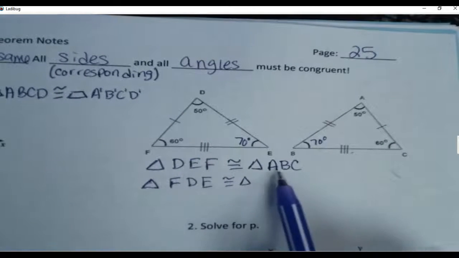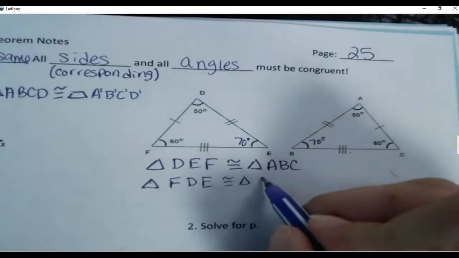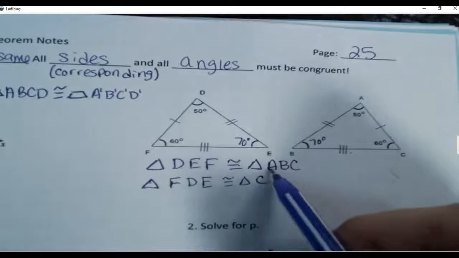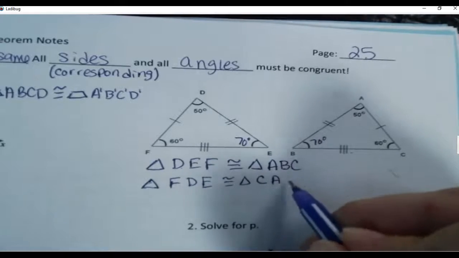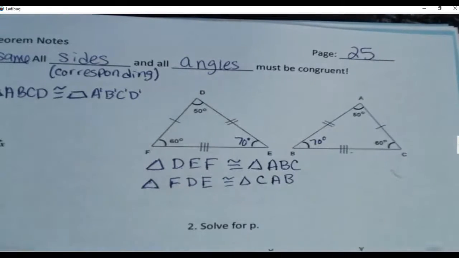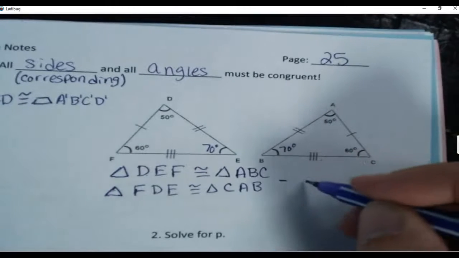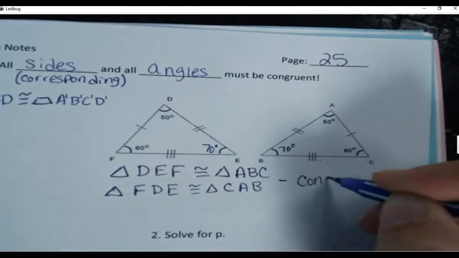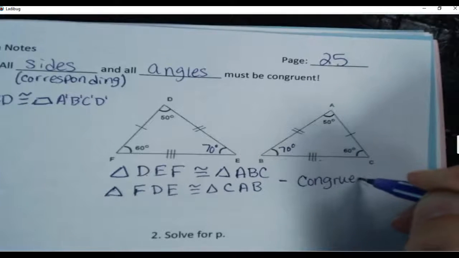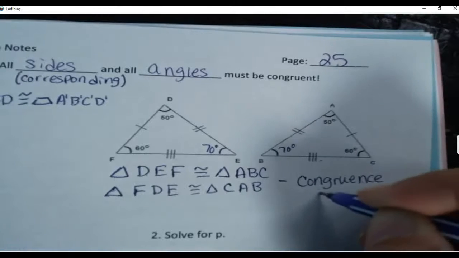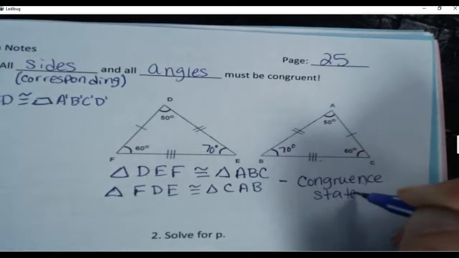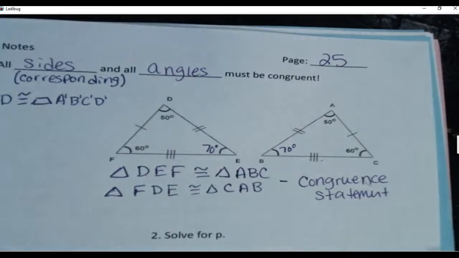So we already said that F matched C, D matches A, and E matches B. So the first order, again, you can put it in whatever order you want as long as you match it. And then this thing is called a congruence statement. Or a congruency statement, either way.